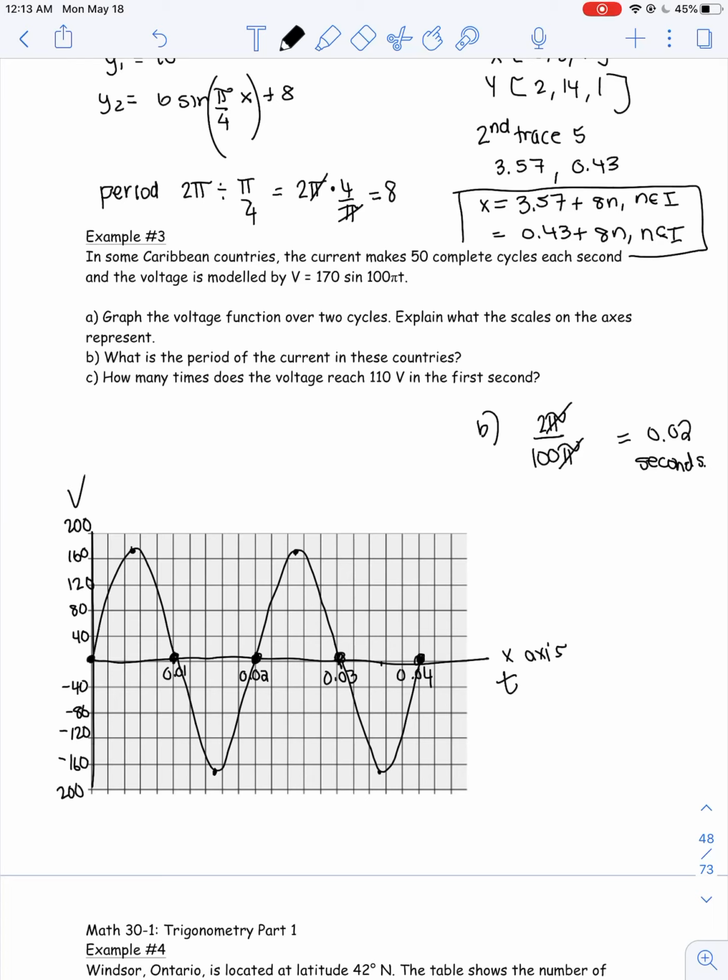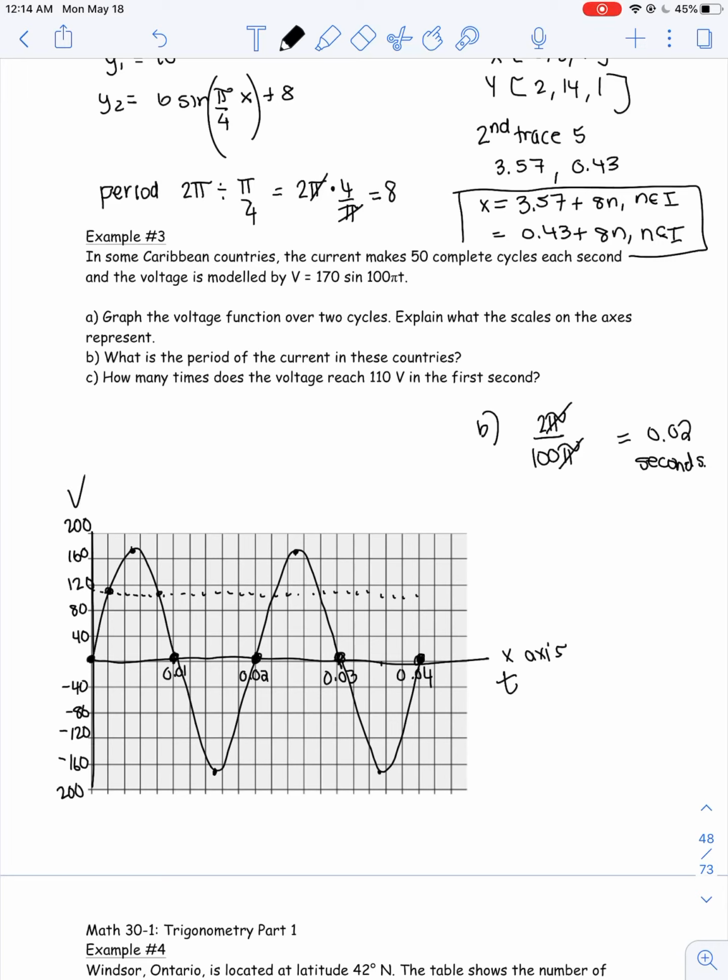Okay, so what we want to do is draw a line at 110, which would be approximately here, and find all the times that it intersects, all the way to 1 second. So there are a few intersections that we need to find.